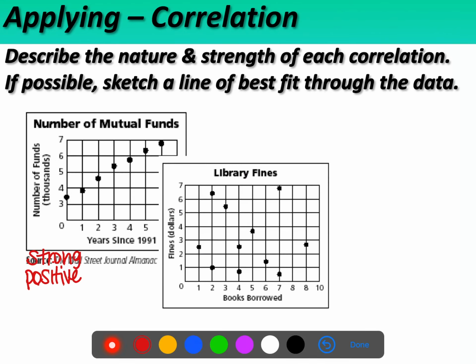Looking for a trend in the second example, I really can't see one. Some of the points are maybe falling in a negative line, but then some of them are falling in a positive line. You have some that don't fall anywhere.